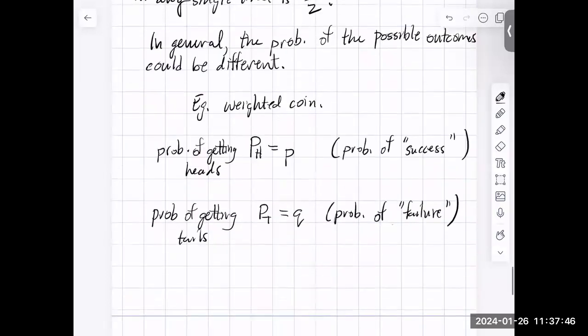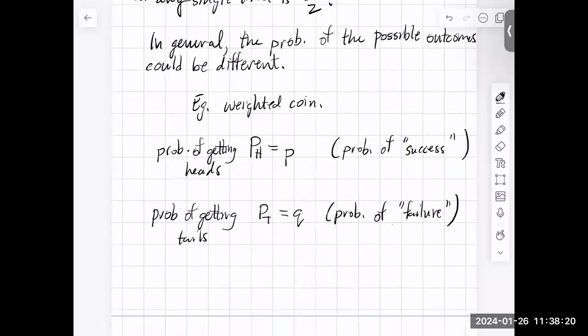Okay. So the type of question we were asking with our binomial distribution is, what is the probability of getting X successes out of N trials? If I was flipping a weighted coin and I wanted 2 heads, then the probability of getting 2 heads and 3 tails is P squared times Q cubed, right?